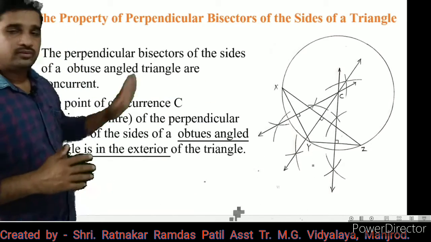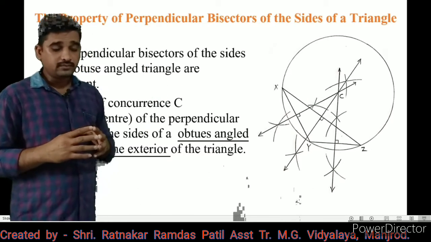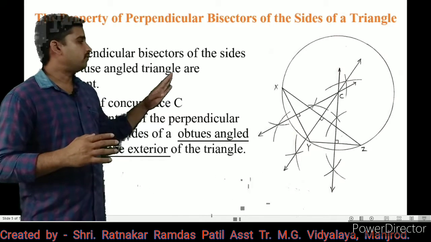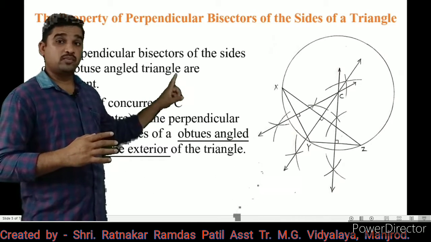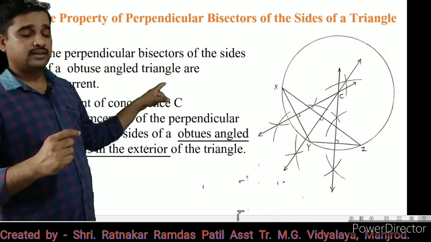Here I also give the name XYZ to this triangle. If we draw perpendicular bisectors of all sides of this obtuse angle triangle, what do we see here?